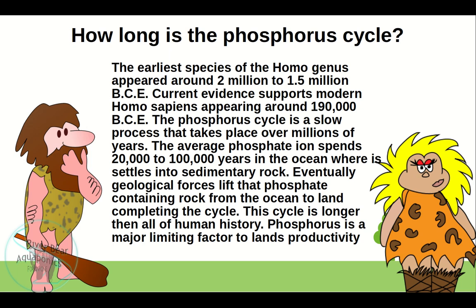The average phosphate ion spends 20,000 to 100,000 years in the ocean, where it settles into sedimentary rock. Eventually, geological forces lift that phosphate-containing rock from the ocean's floor onto the land, completing the cycle. This cycle is longer than all of human history. Phosphorus is a major limiting factor to a land's productivity.